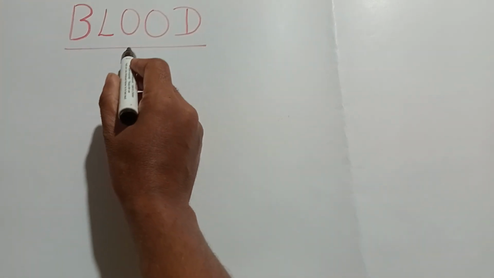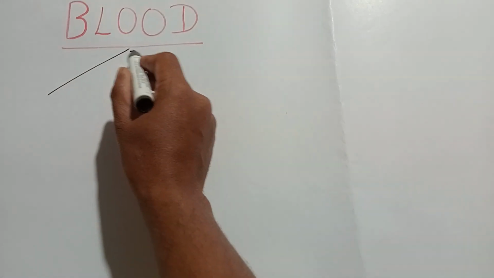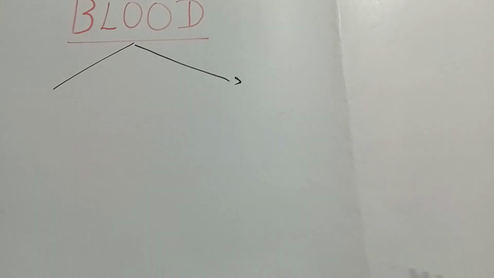So now I will be discussing the composition of blood. Blood consists of plasma and formed elements.